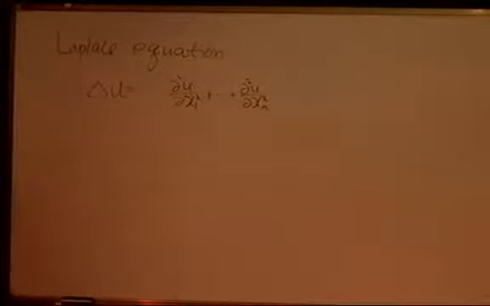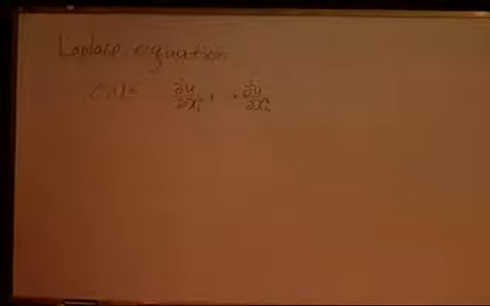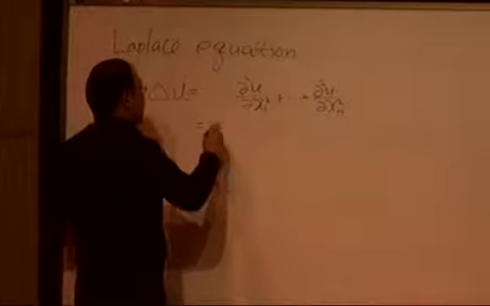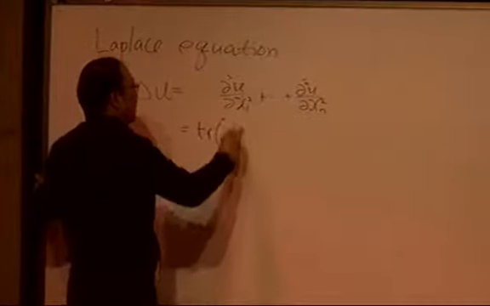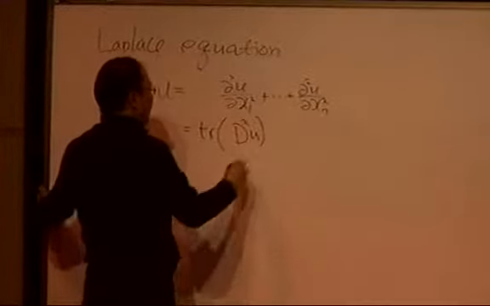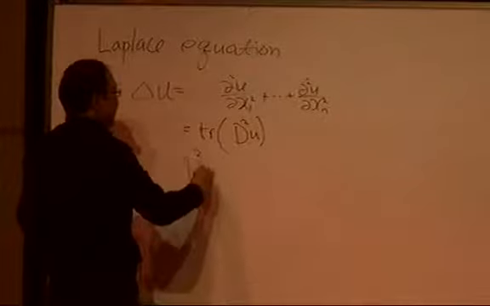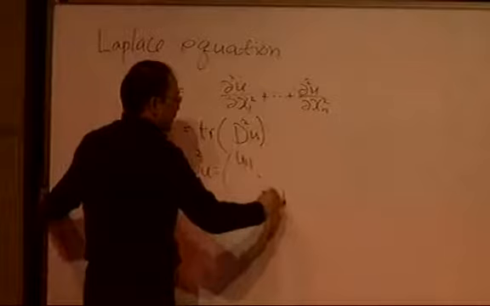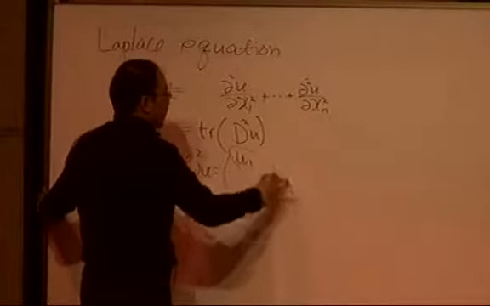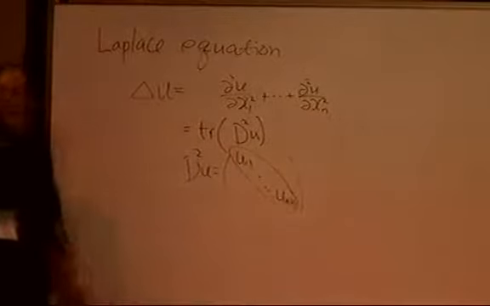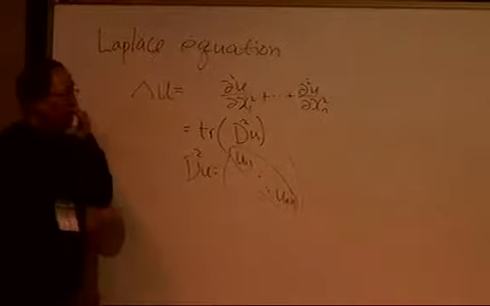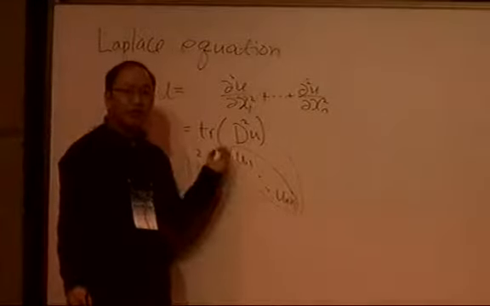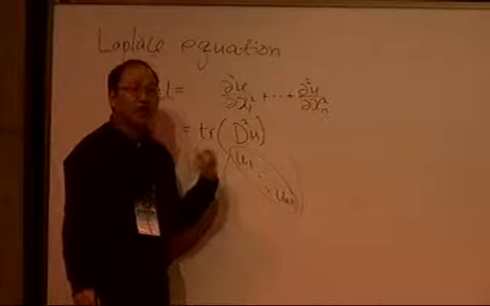There are 2 ways to look at this equation. One of them is that this is basically the trace of the second derivatives. The second derivative has components like u_11 up to u_nn, and then you take the trace of them. That is the Laplacian.